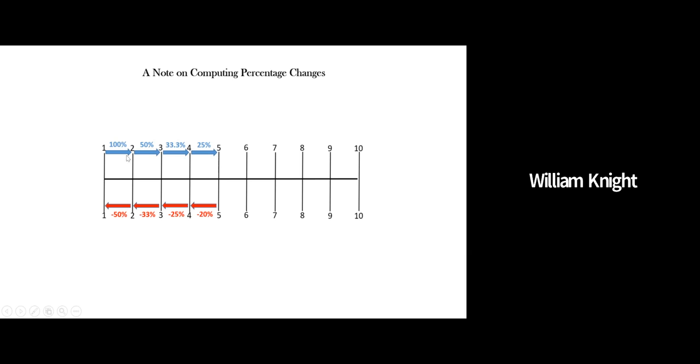From 1 to 2 is 100, from 2 to 3 is 50, from 3 to 4 is 33.3, from 4 to 5 is 25, from 5 to 6 is 20. From 5 to 4, negative 20, 4 to 3, negative 25, 3 to 2, negative 33, from 2 to 1, negative 50.